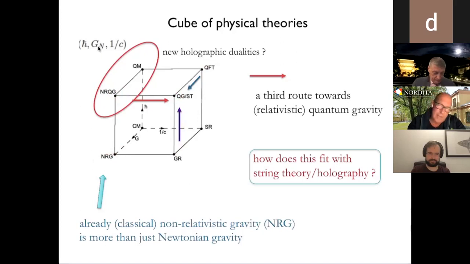And here I should note, and again, that's not the topic of this talk. I could give another talk on that based on some work of a year ago. But let me just note here that non-relativistic gravity is more than just Newtonian gravity. It encapsulates it, but it includes more, and it actually has a formulation in terms of geometry.